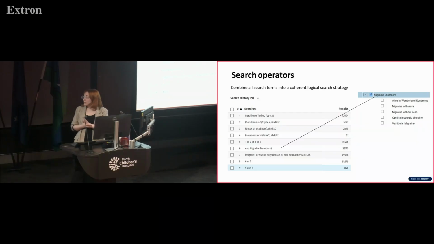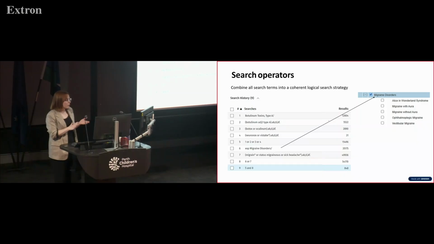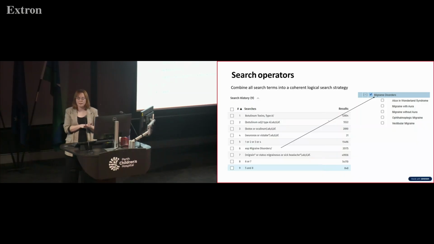You can see in this example that I have taken all of the terms that I came up with in that table earlier, and I've searched for them line by line within each concept. I've first looked for all of the terms related to Botox, and I've combined them in line 5 there. So you can see that 1, 2, 3, or 4.